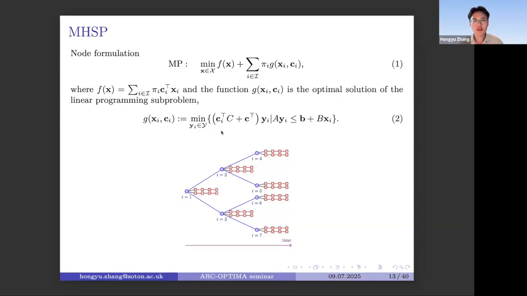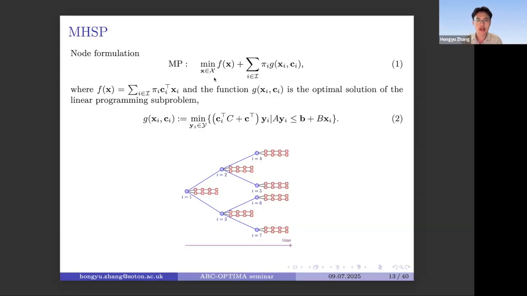And so if we look at these equations here, equation one is the full master problem where f of x calculates the investment planning costs, and x are your investment related variables.